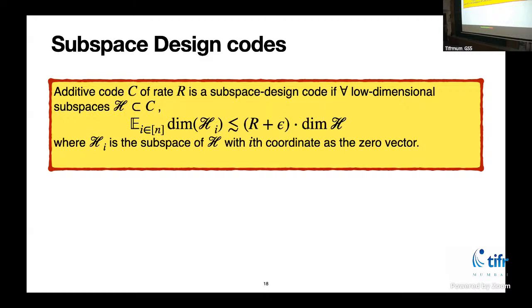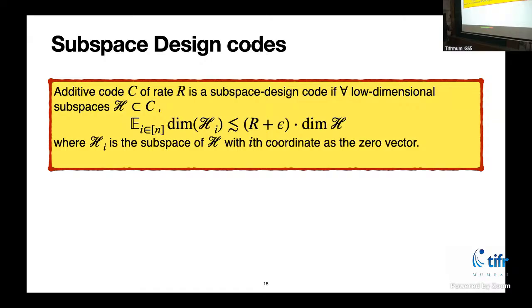So here I'm saying that in expectation, when you set the ith coordinate to 0 and consider the subspace that is left, on average it is of much lower dimension than the space you started with.